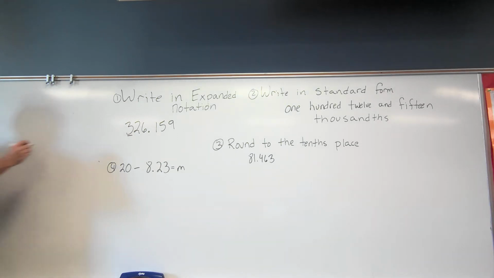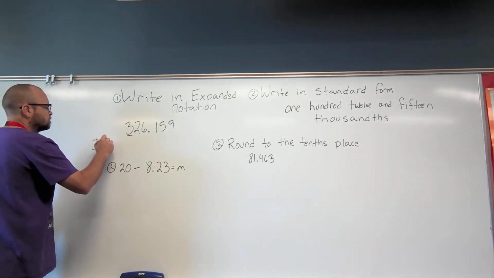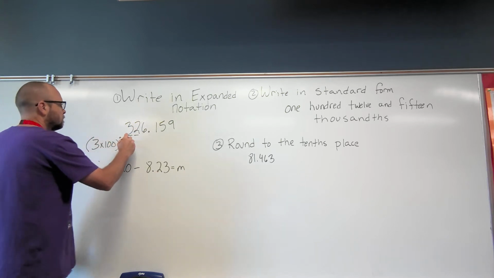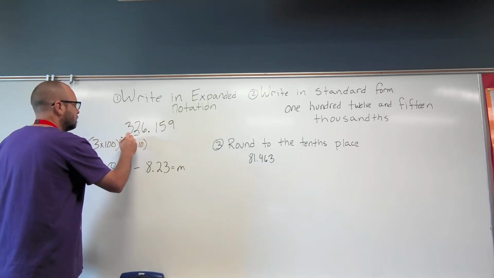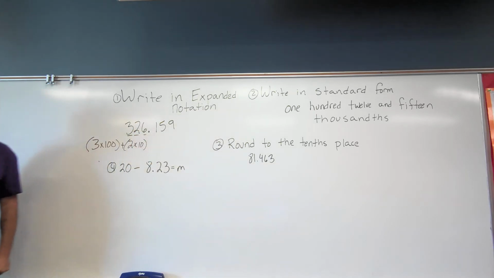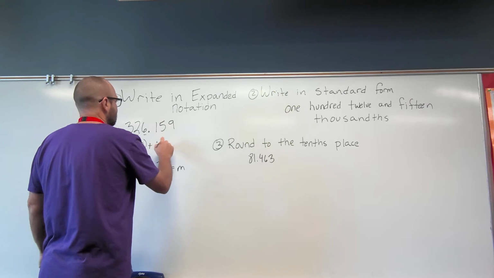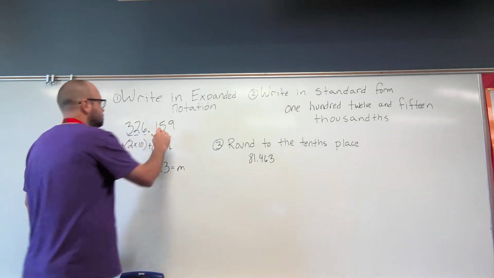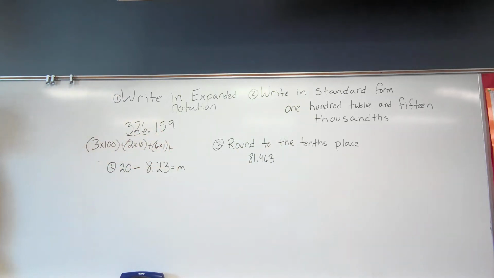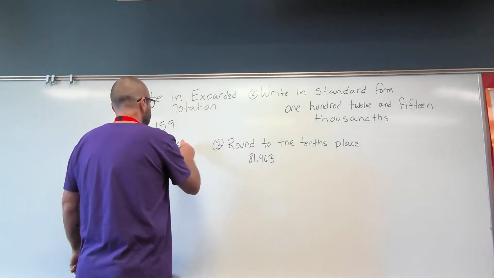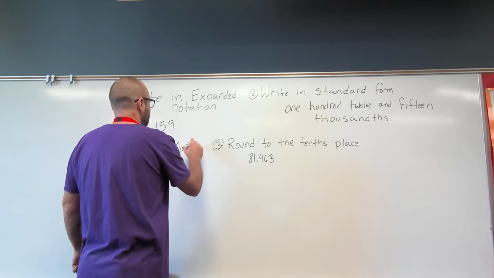300. Or 3 times 100. What about the 2? 2 times 10. What about the 6? 6 times 1. Or you can just put 6. I don't care either way. Plus, what's the value of the 1? 1 times 1/10.